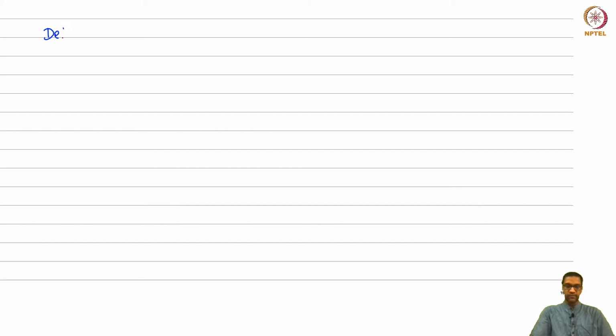So now let's go ahead and define the map f tilde from F to N as follows.